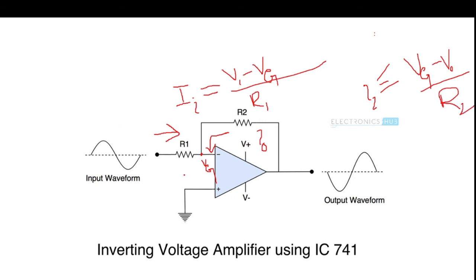Here Vg is there, here V0 is there. So Vg minus V0 divided by Rf is I2, this is I2 or I0. And here Vi is there, here Vg is there: Vi minus Vg over R1. This is nothing but I1. This is the idea.